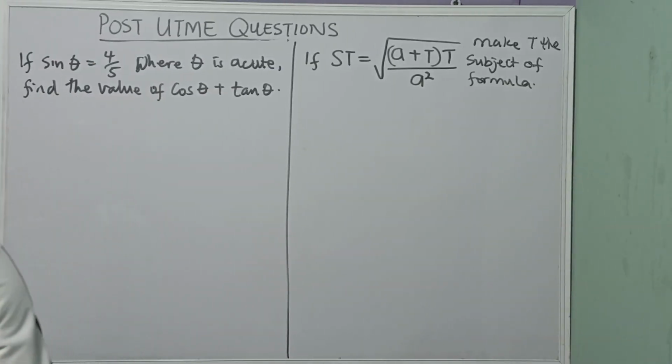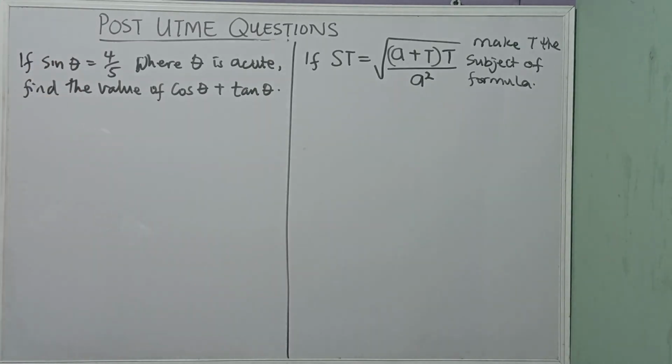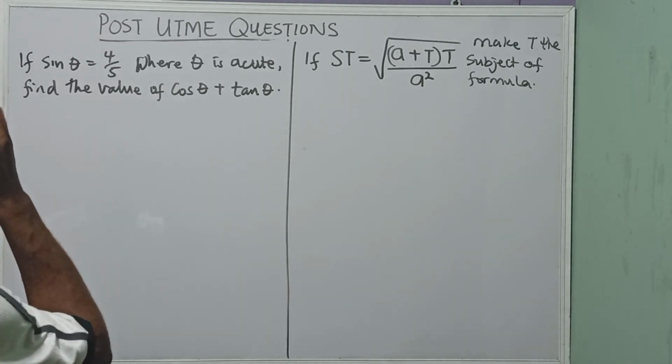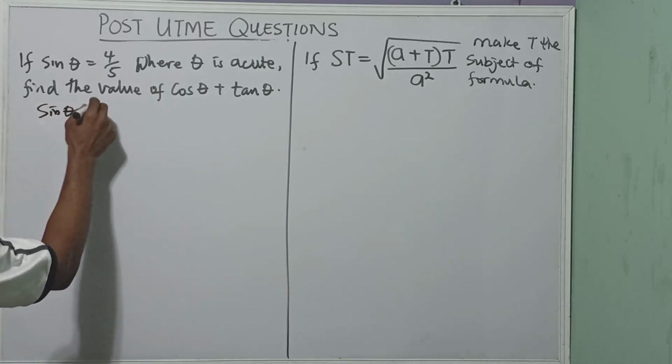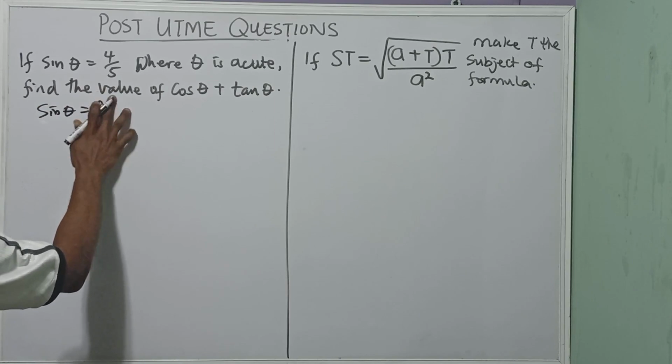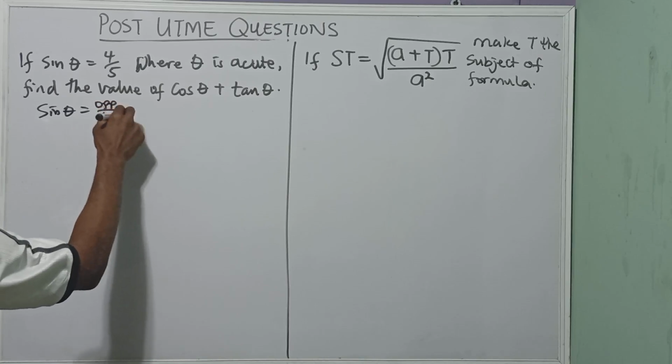And the next question says, if sine theta equals 4 over 5, where theta is acute, we should find the value of cos theta plus tan theta. Now, in order to find this, we know that sine theta is opposite over hypotenuse.